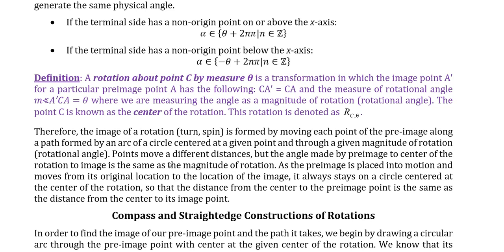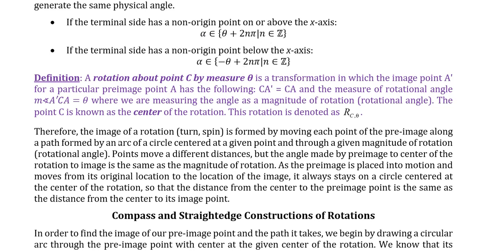The point C is known as the center of rotation, and rotation is denoted by r sub C comma theta. So you give it the center and the angle. There are many different angles that end up with the same rotation, just like we have here. So any alpha in this set right here will all be the same rotation at the end of the day.